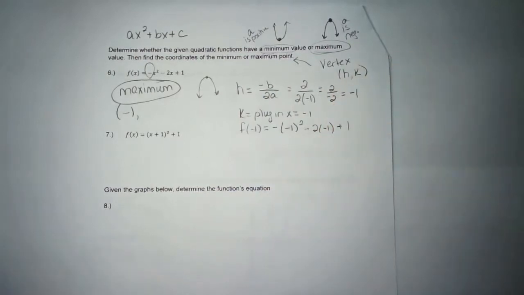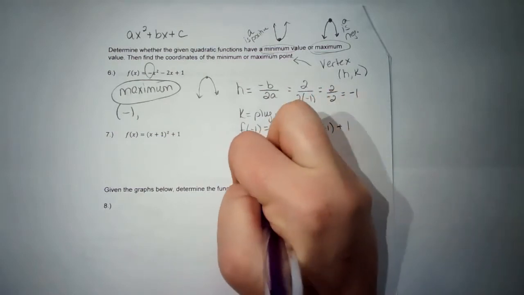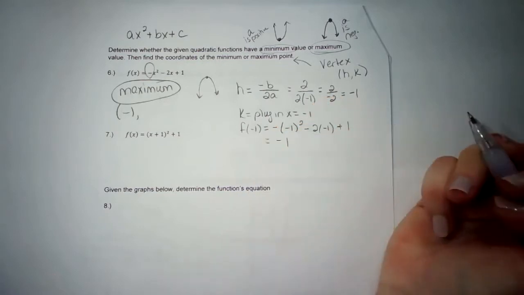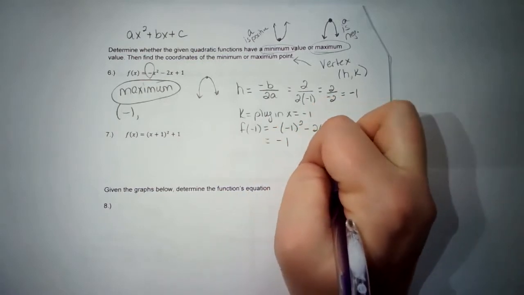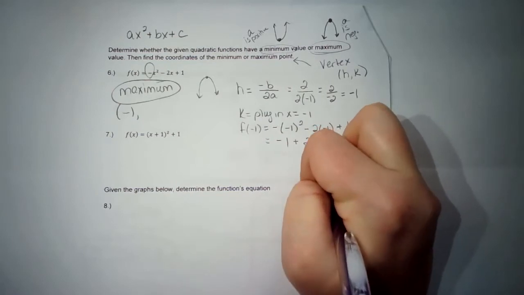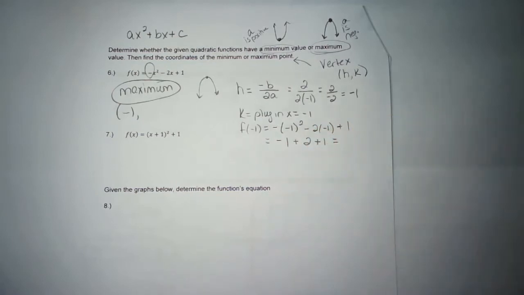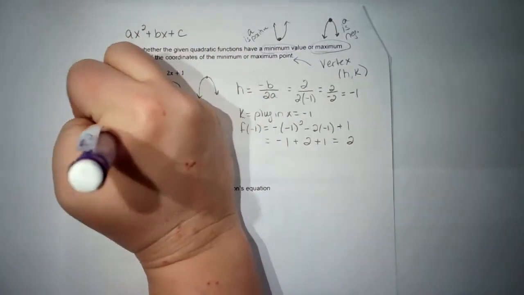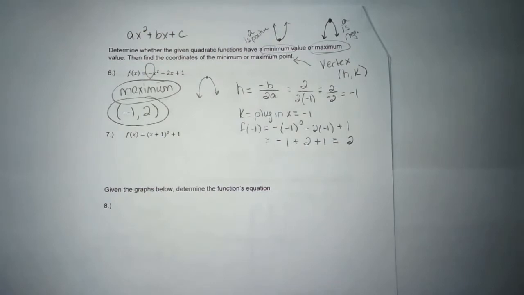Put your little -1 in parentheses there so you don't get confused about all these different signs. Okay, (-1) squared is 1. -2 times -1, I'm going to add 2 and add 1. And that is going to give me 2. So my vertex is (-1, 2).